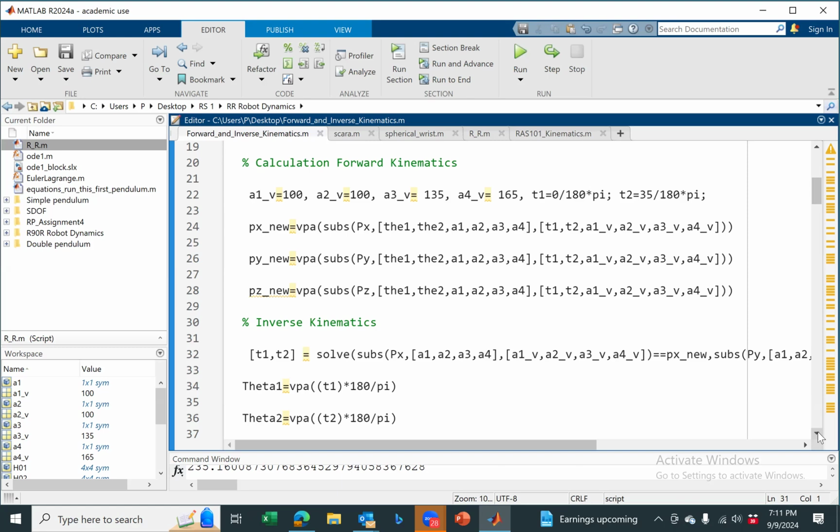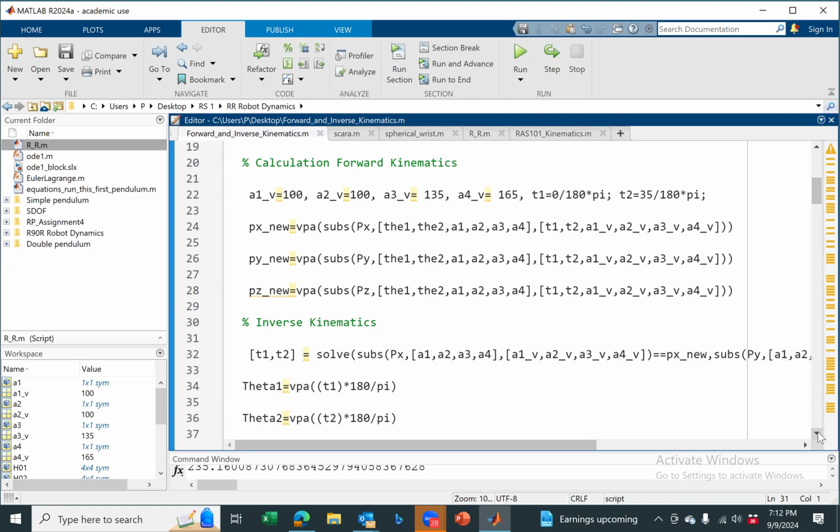This equation is only saying Px is equal to Px new, which is the value that we calculated, and I'm substituting A1, A2, A3, A4 as their numerical values. Understand? In this expression, I want to find T1 and T2, given the value of Px, Py, and that is what this expression is doing.